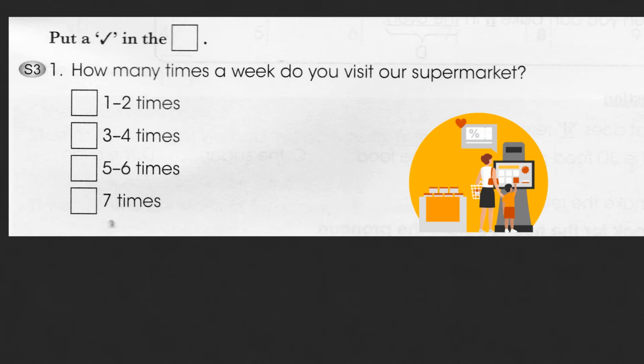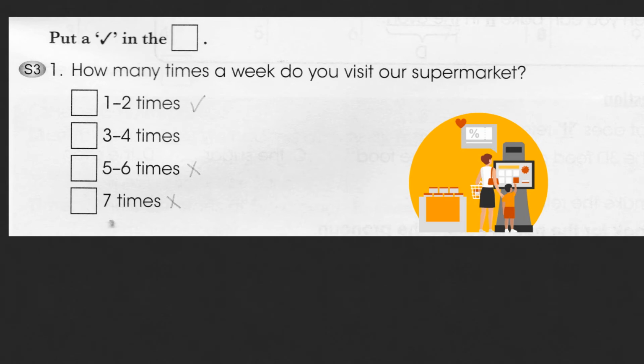According to my own experience, I don't think I have time to go to the supermarket every day or 5 to 6 times a week, so these two options are less possible. So I'm going to put a cross next to them. Now, there are 2 possible answers left. Both of them might be correct, but as far as I know, most people go to the supermarket 1 to 2 times a week, so I predict the first option should be the best answer.